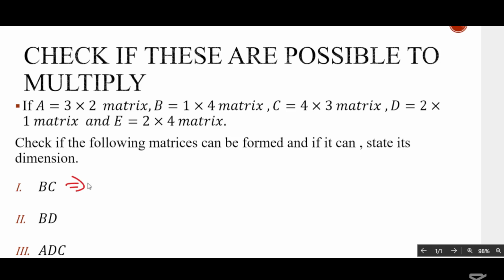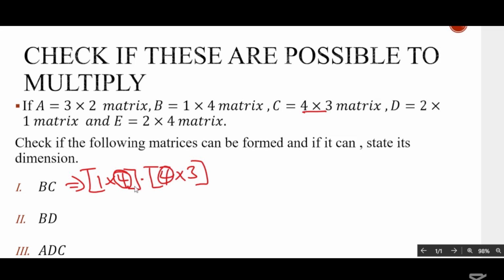Now let's check whether these ones are possible to be multiplied or not. So as I said earlier on, B is 1 by 4, multiplied by C, which is 4 by 3. Now let's check. The number of columns of the first one is 4. The number of rows of the second matrix is 4.